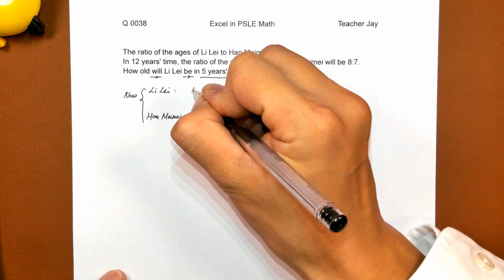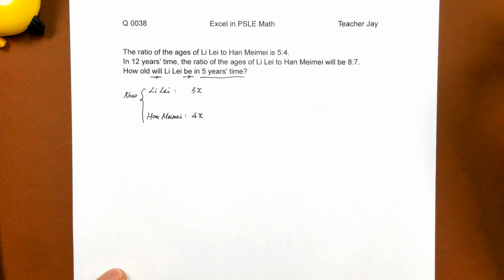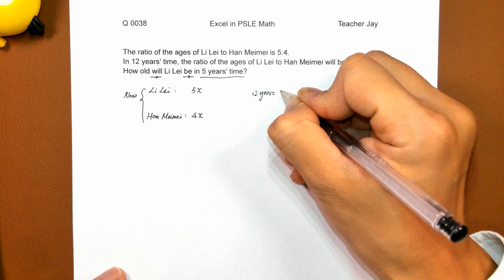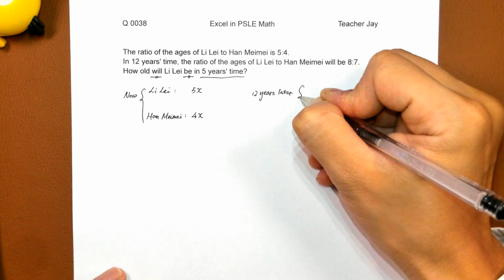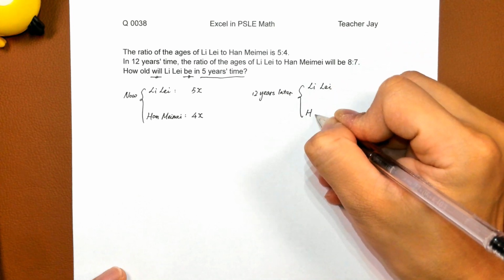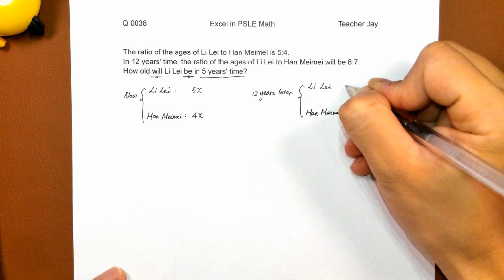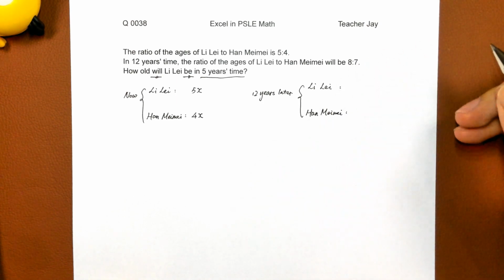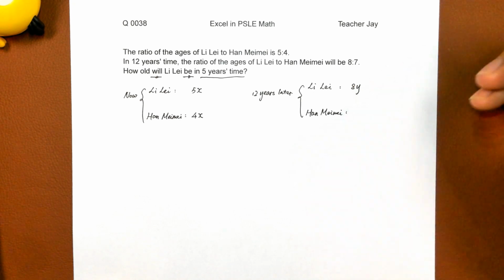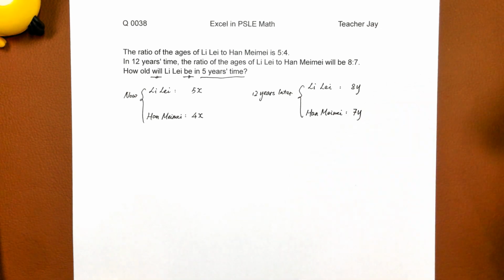Li Lei is 5x, Han Mei Mei is 4x, and 12 years later, Li Lei and Han Mei Mei will be in the ratio 8 to 7. We assume that Li Lei will be 8y years old and Han Mei Mei will be 7y years old.